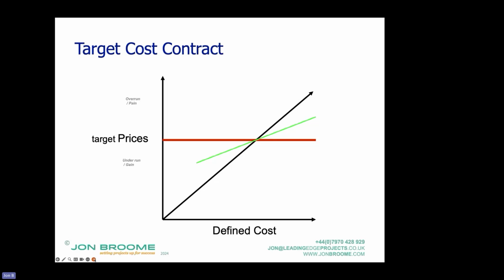So this green line bisects the angle, so roughly 50-50. And yippee, at completion, the contractor's saved an awful lot of money in this example. In fact, I'd be a bit concerned if this was an absolute scale and they'd saved that much money, because clearly the target price was wrong.